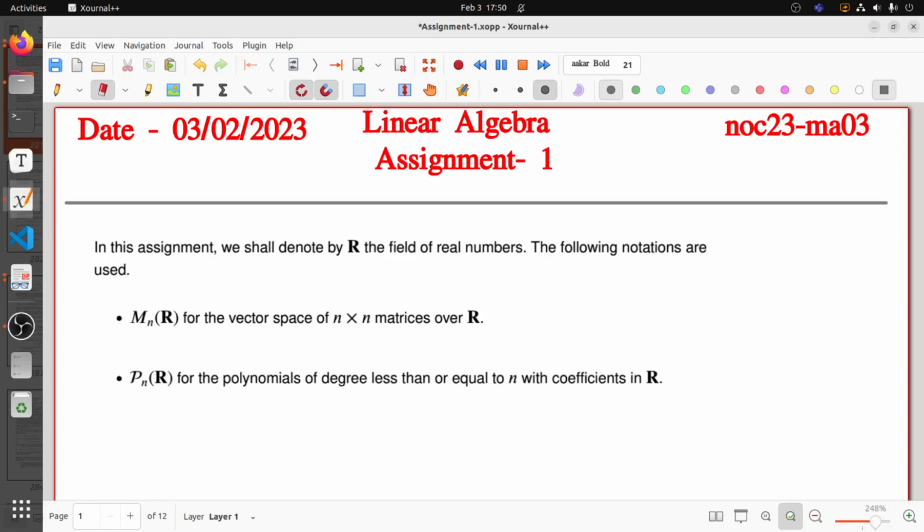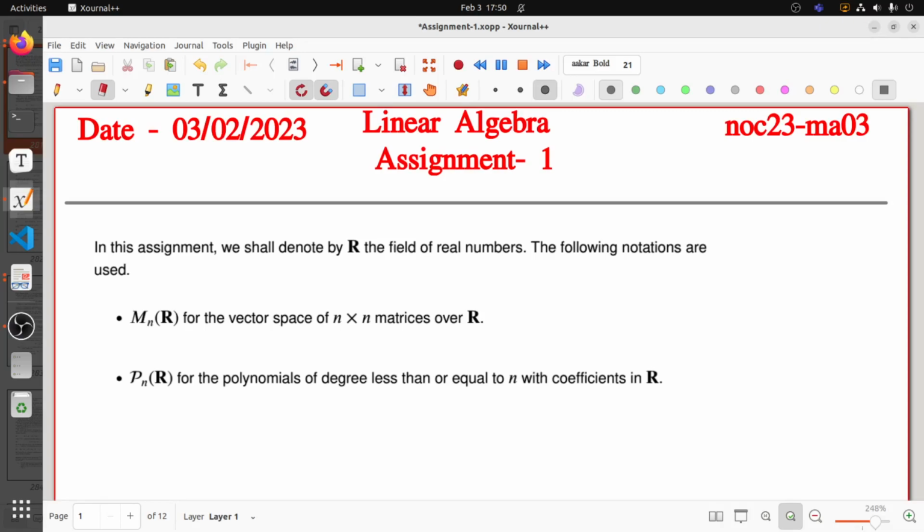And what is the scalar multiplication? For any real number r, we define r times [A, B; C, D]. This is coordinate-wise multiplication: r times A, r times B, r times C, r times D. So these two operations are the addition and the scalar multiplication.